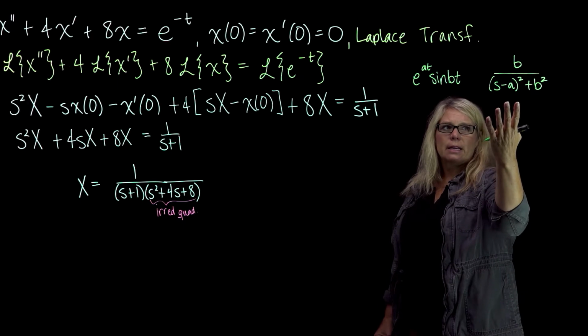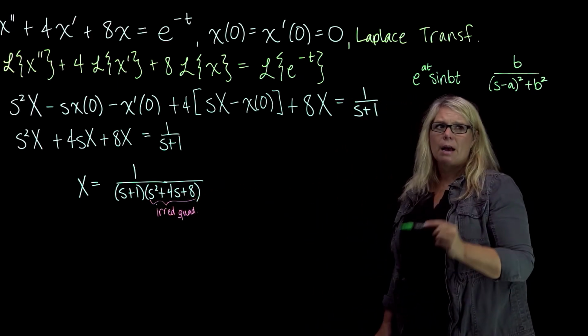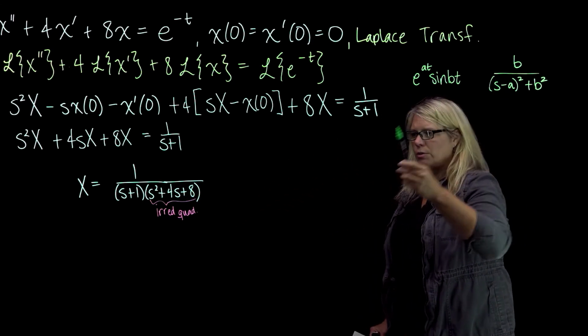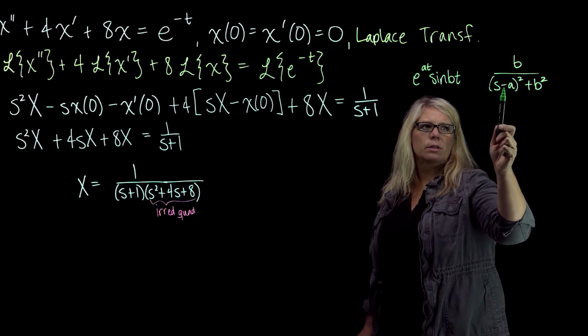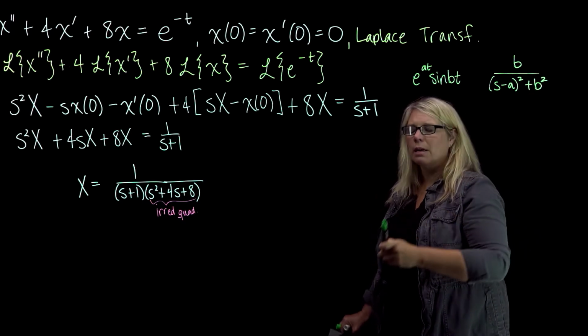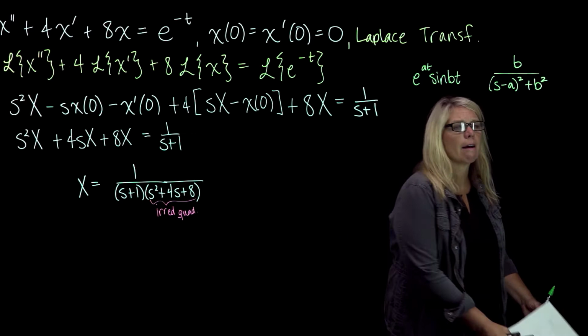And so if you look at this and think a little bit about this irreducible quadratic factor on the denominator, maybe you can remember what algebra you could use to force this denominator to be in a form like this. There are also some other ones that have s minus a, the quantity squared, minus b squared. So you could use completing the square to force that denominator in that form.